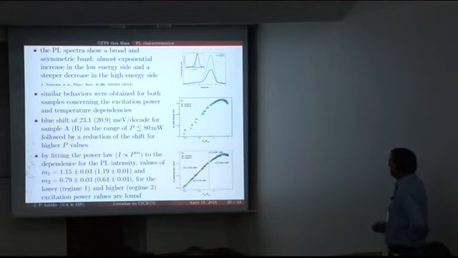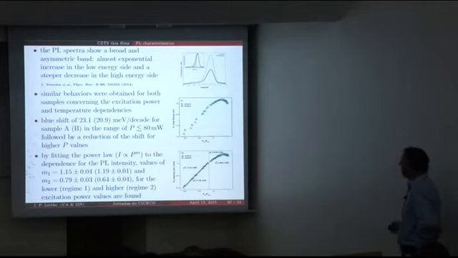For the dependence on the excitation power, we observed precisely very large blue shifts, and for the dependence of the PL intensity on the excitation power, we obtained these values that are shown here.